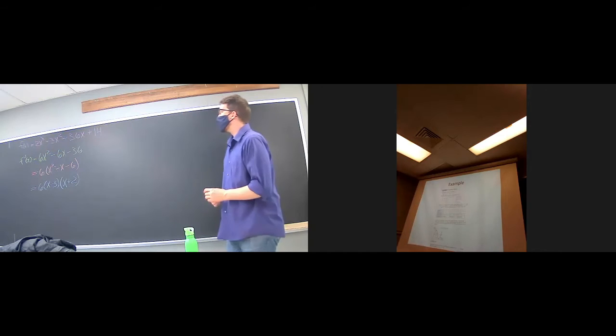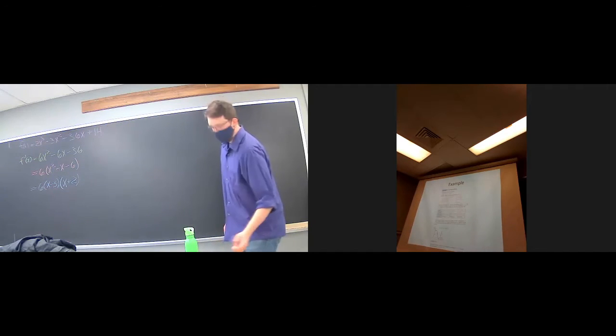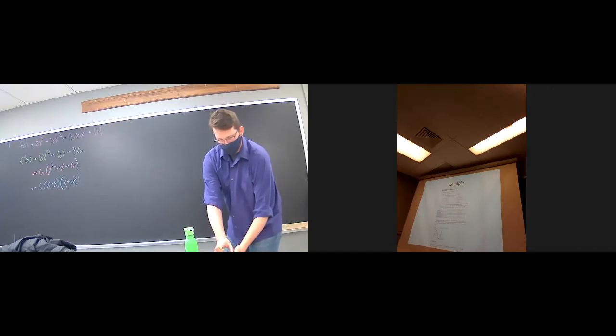So from here, since what we're trying to find is the relative extremas, we want to set this thing equal to 0. f prime of x is equal to 0. This is going to tell us that x is either equal to 3 or to negative 2.